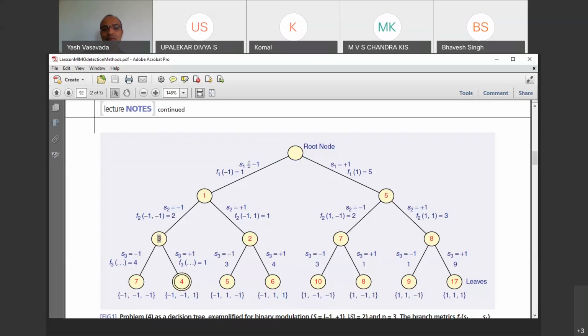The second possibility is -1 +1, and for that f2 turns out to be 1 in this example. And so the net value becomes 1 + 1, which is 2. And then in the same way, f2 for +1 -1 is 2 and for +1 +1 is 3. And so these two nodes have values of 7 and 8.